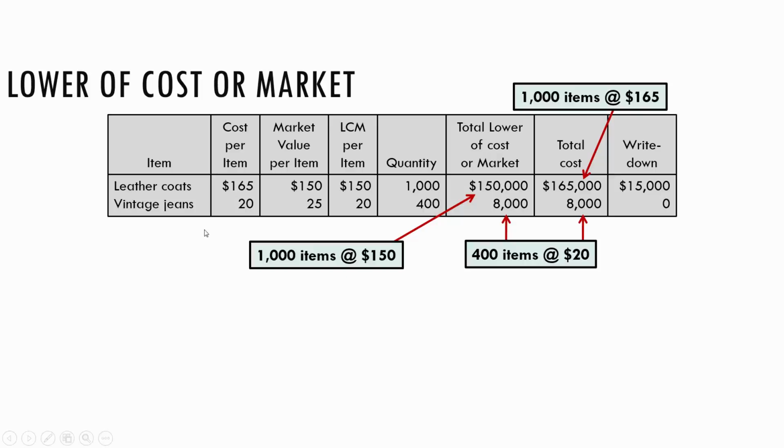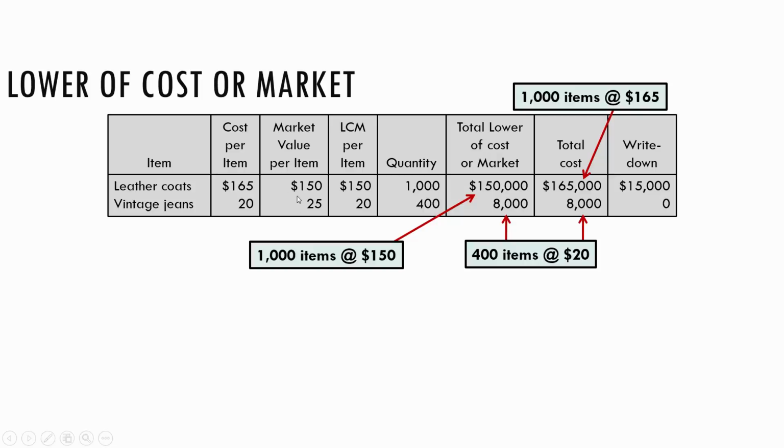Now here's an example. We have two items. I don't know why this company only has two items, but let's assume this company has two items in their inventory, leather coats and vintage jeans. The cost of the item is what we would show it at on our balance sheet, and that would be $165 for the leather coat.